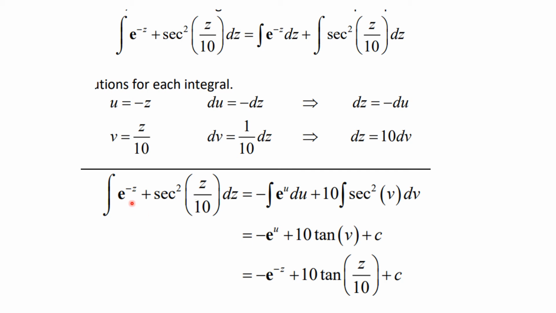So when we make the substitution, we're going to have minus the integral of e to the u plus 10 secant squared v dv. This is going to be 10 times the tangent of v, and when I do the integral, I get minus e to the u. I reverse both substitutions, and that is my final answer.